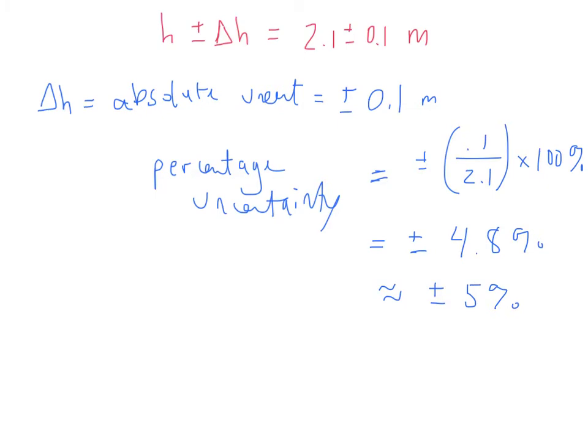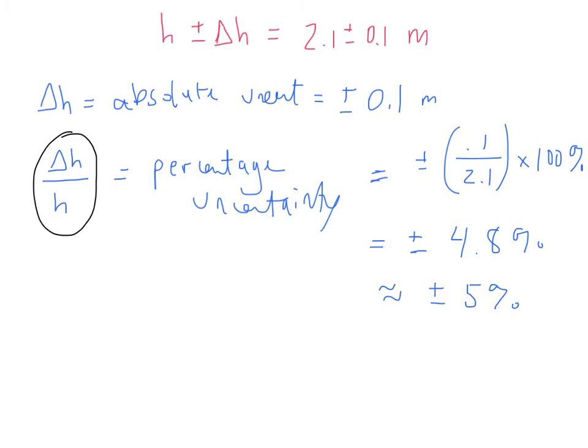So there's percentage uncertainty. Percentage uncertainty is the absolute uncertainty over the measurement, so there's no special variable for it. We just write it as the absolute uncertainty over the measurement, over the value.